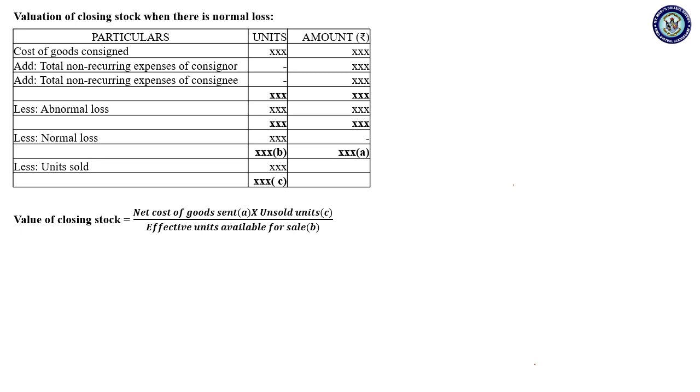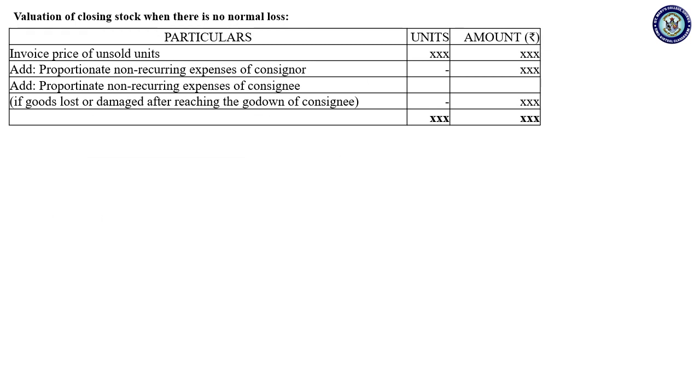This is the valuation of closing stock format when there is a normal loss. Next you write valuation of closing stock when there is no normal loss. When there is no normal loss, you have to take the proportion, because what you produced can be sold. The format is invoice price of unsold units.